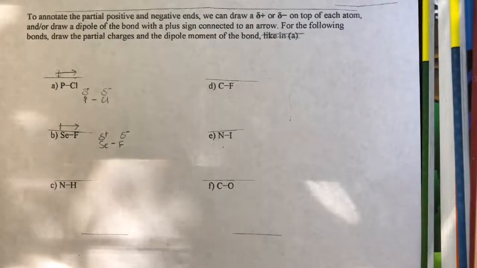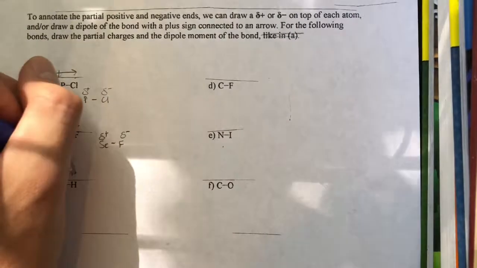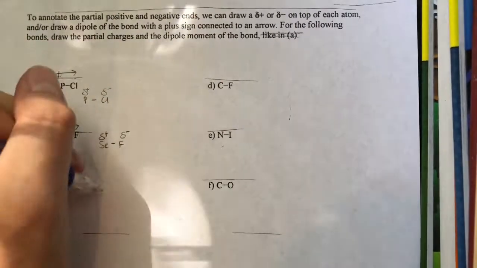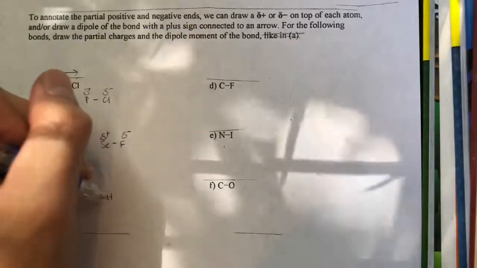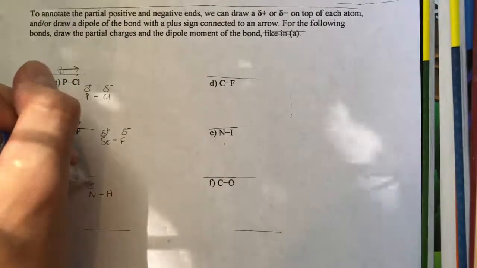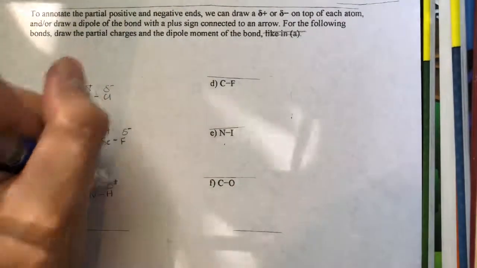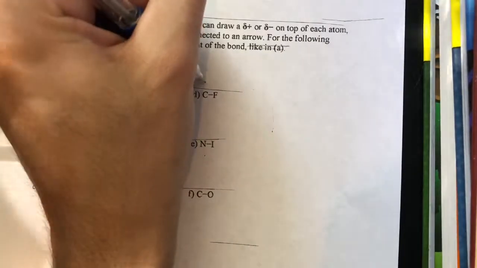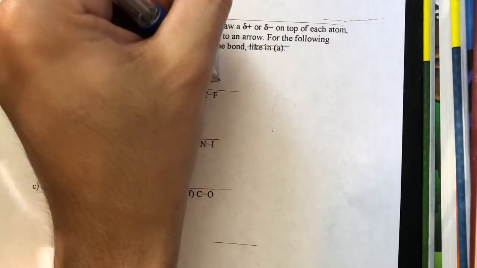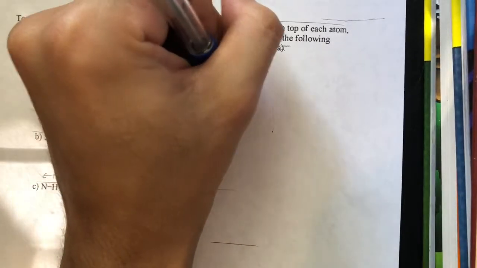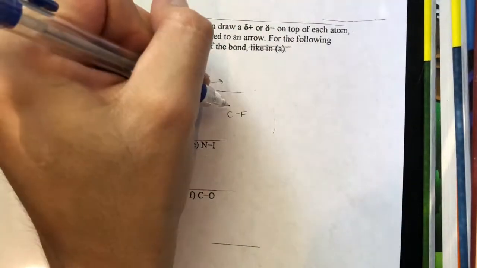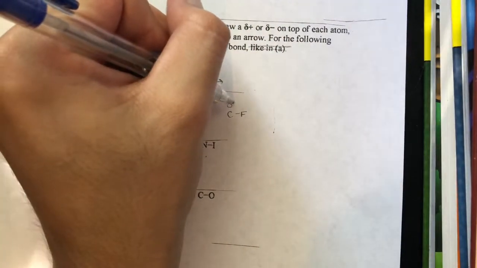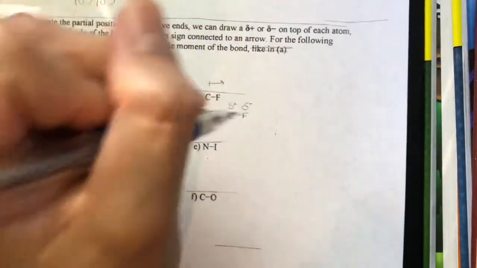For nitrogen and hydrogen, we see that hydrogen is more positive than nitrogen, so we would draw this as so, and nitrogen would be partially negative, hydrogen partially positive. For carbon and fluorine, we see that carbon is more positive than fluorine, C and F. Here we will do the partial positive and fluorine partial negative.